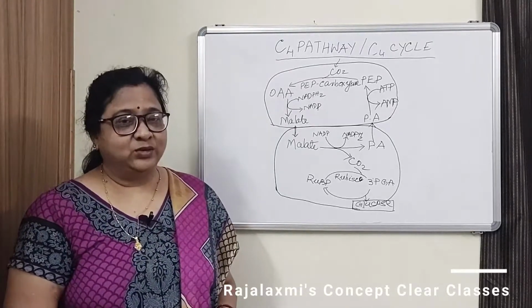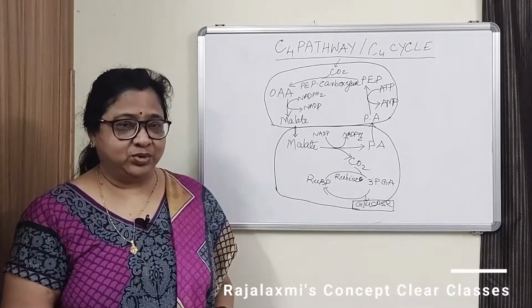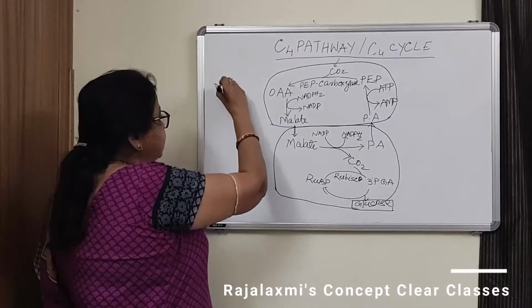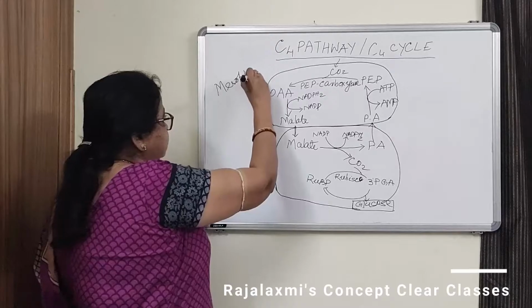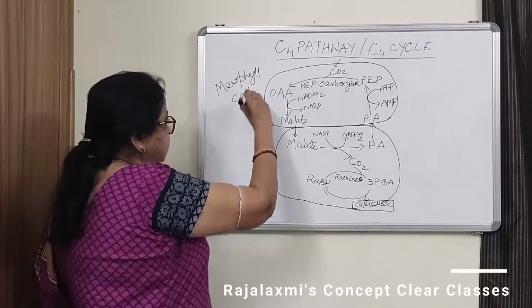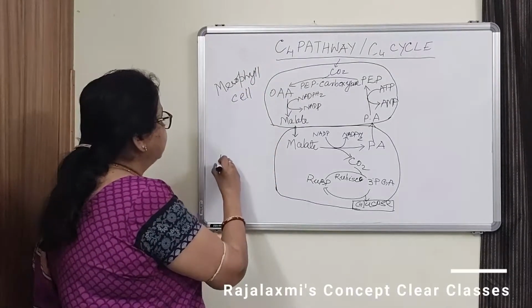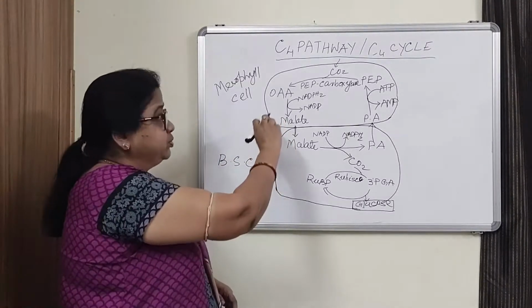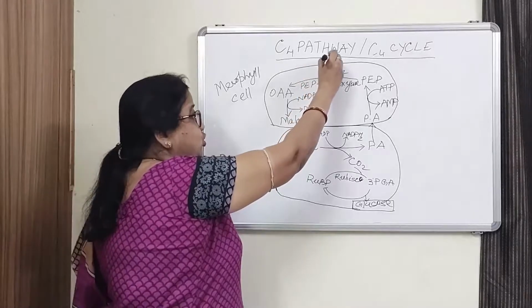Let us see what actually happens during the C4 pathway. Suppose this is one mesophyll cell and this is one bundle sheath cell. Mesophyll cells are near the stomata.